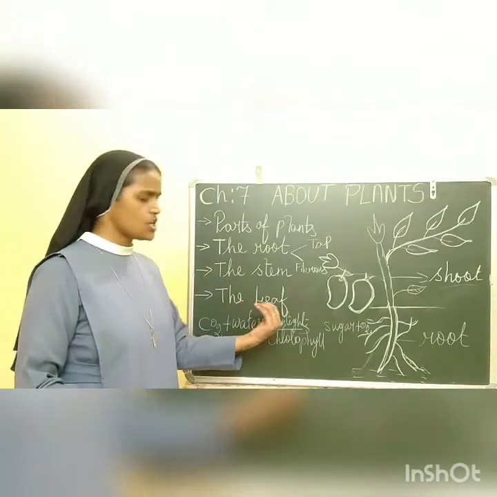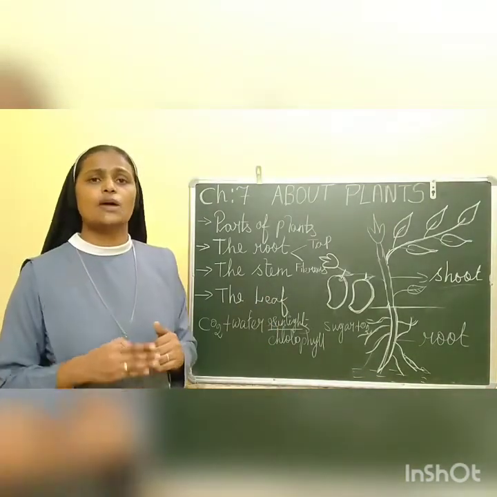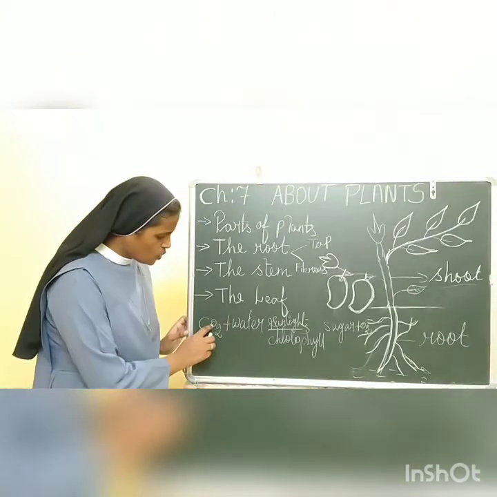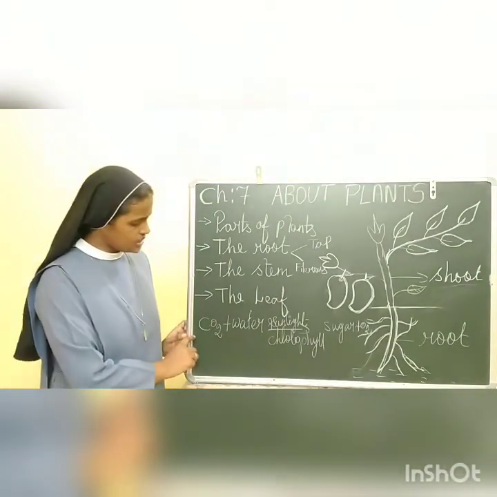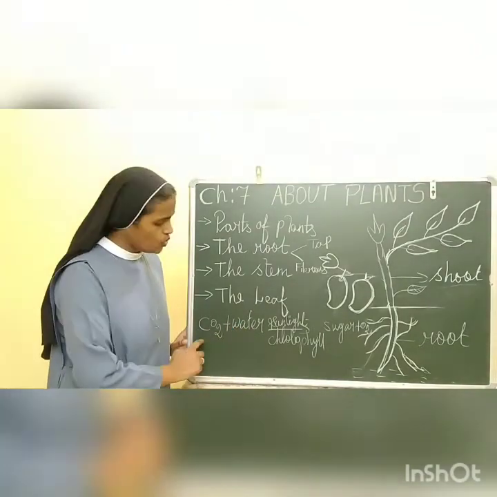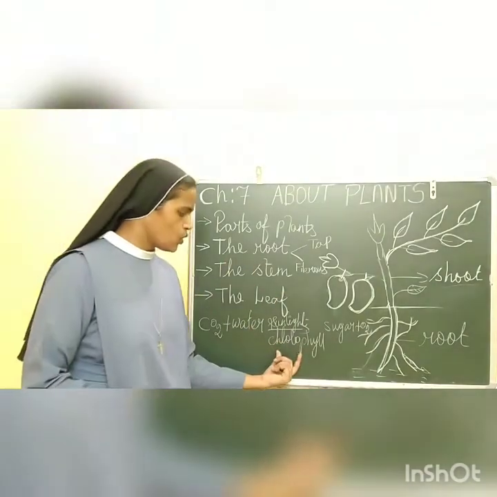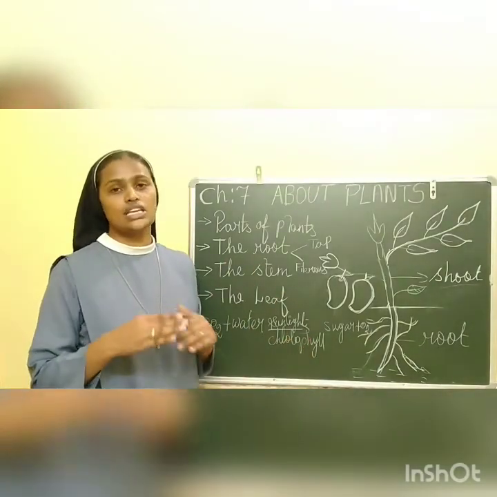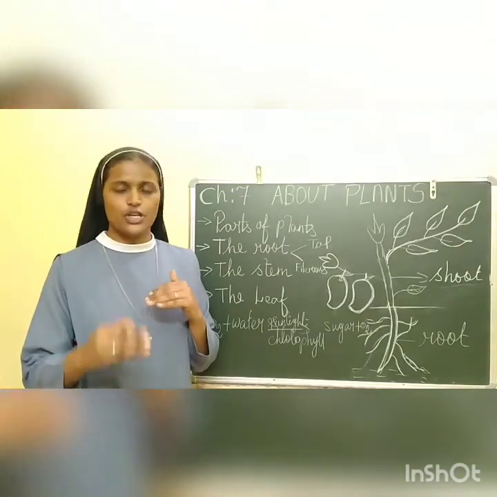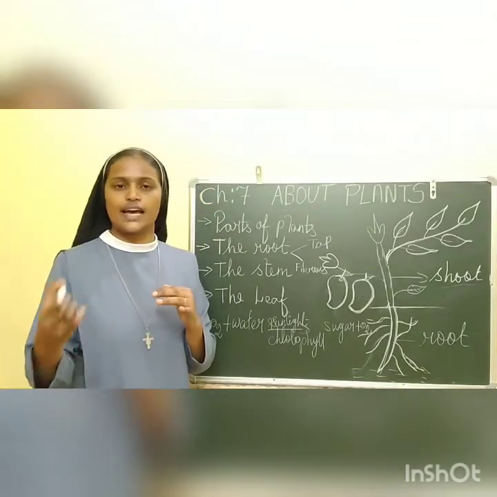Next we are going to see about the leaf. Leaves are preparing food for the plant. Carbon dioxide, CO2, and water, both are needed to prepare food. And in the leaf, chlorophyll is present, hence the leaves look green in color. When we prepare food, we need energy, like fuel, gas.